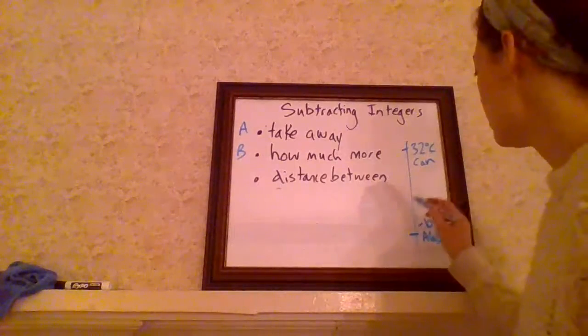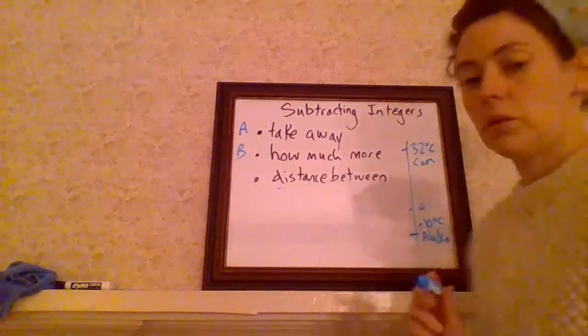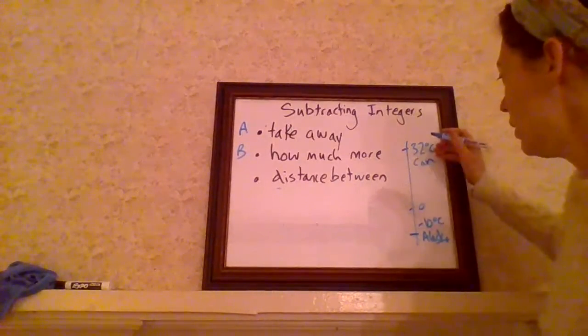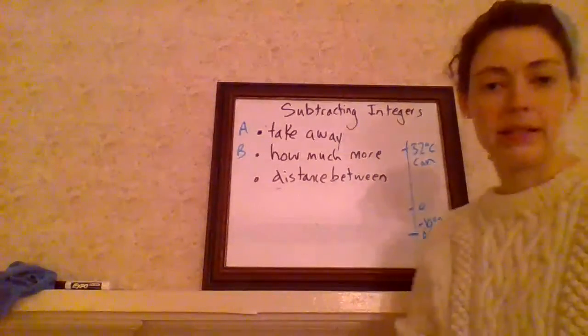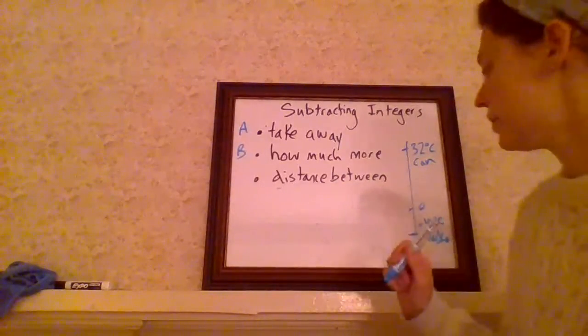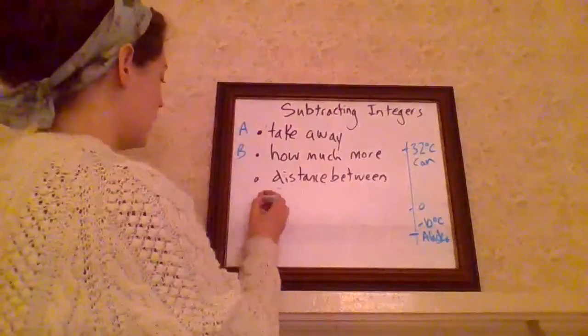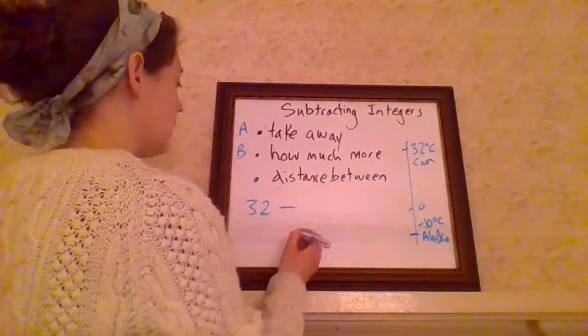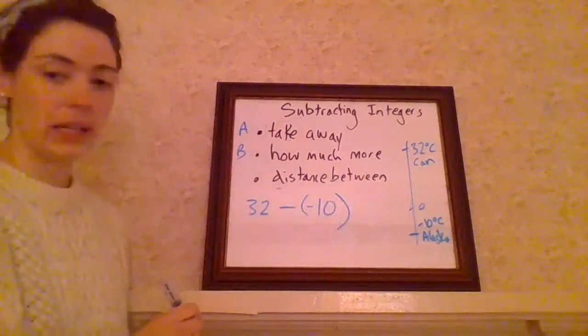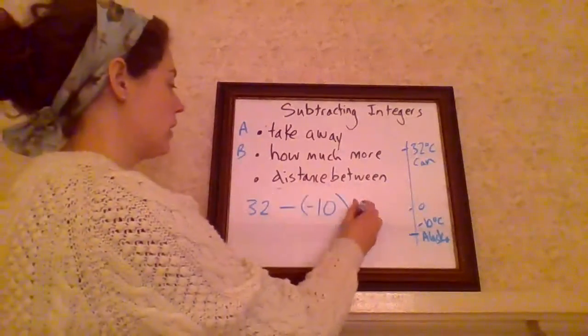So if we wanted to know what is the difference between them, or how many more degrees it is here than it is in Alaska, what we will do is subtract this negative number. So 32 minus negative 10. So we'll take that negative 10 away to find out what it is.